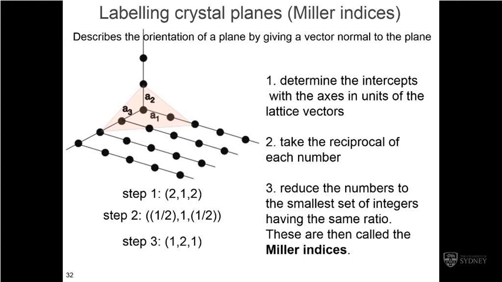And if you just multiply through by 2, you will end up with your Miller indices. Okay, so it's like a recipe. You don't need to just remember how to do it, and you'll always get the correct plane. So this plane here is given the Miller indices 1, 2, 1, H, K, L.